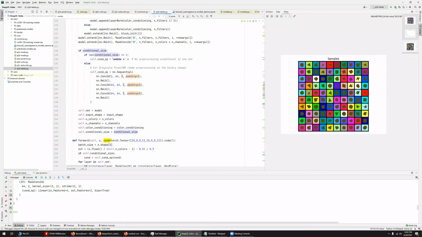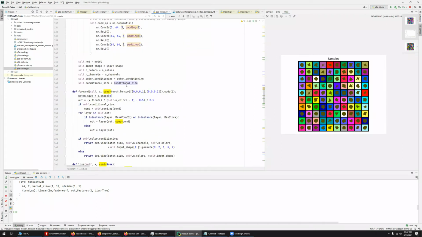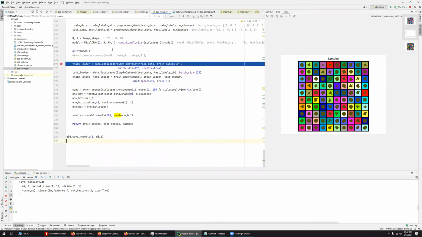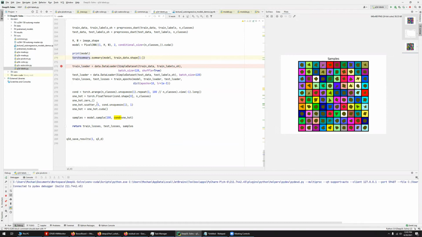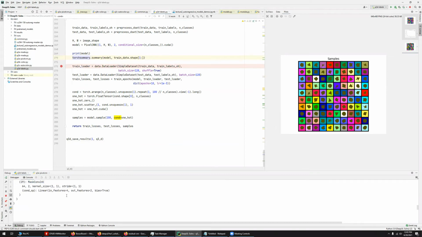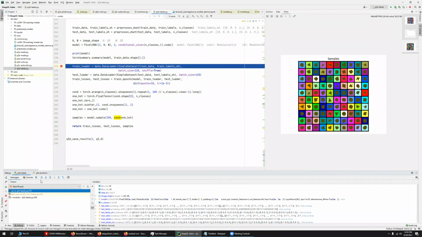And the conditional is also how it uses the condition: when you do a forward pass, it expects you to send data. Oh yeah, I think I did this to fix this. I think it works. Yeah, it does work. Okay.